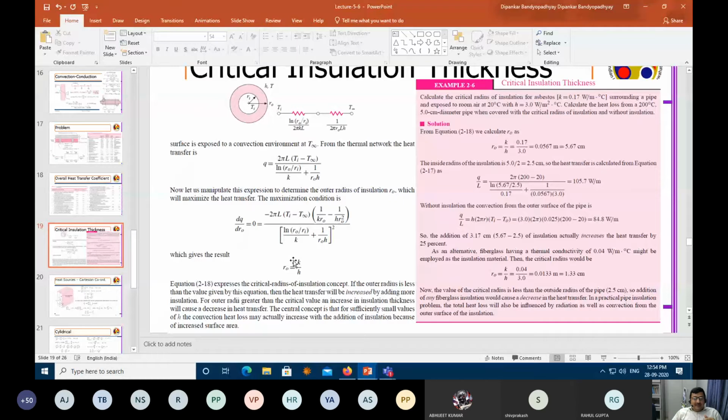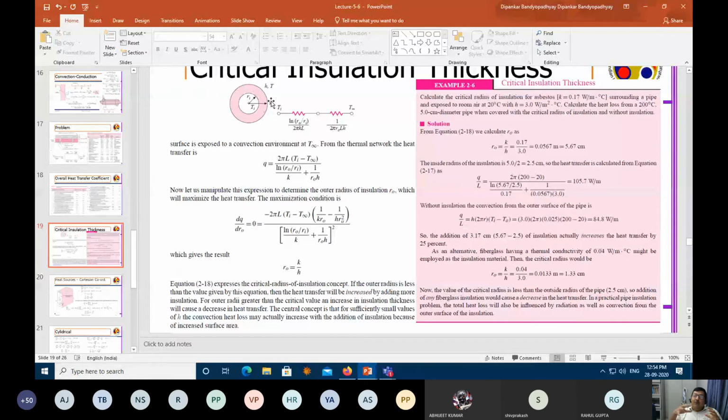What does it say? If the outer radius is less than the value of this, essentially you have to understand there are two competing effects. One is the conduction associated with the wall, and the other is the convection heat transfer happening outside.